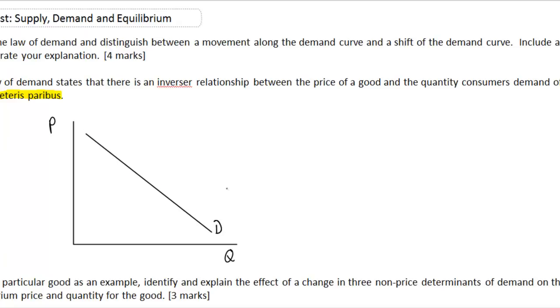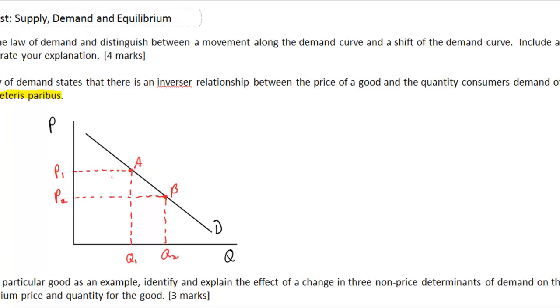In order to answer this question using a diagram, it would be helpful to plot a couple of points on this demand curve, which I'll do, and I'll call these points A and B. Each of these points corresponds with a price and quantity combination. We'll call this P1 and this P2, Q1 and Q2.